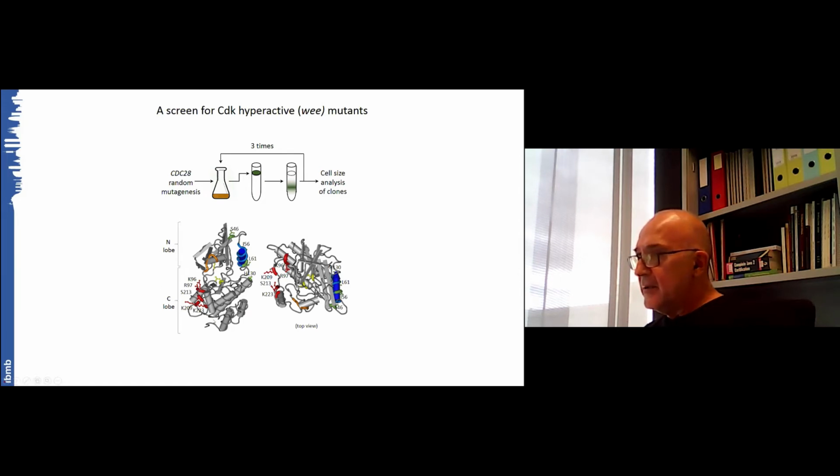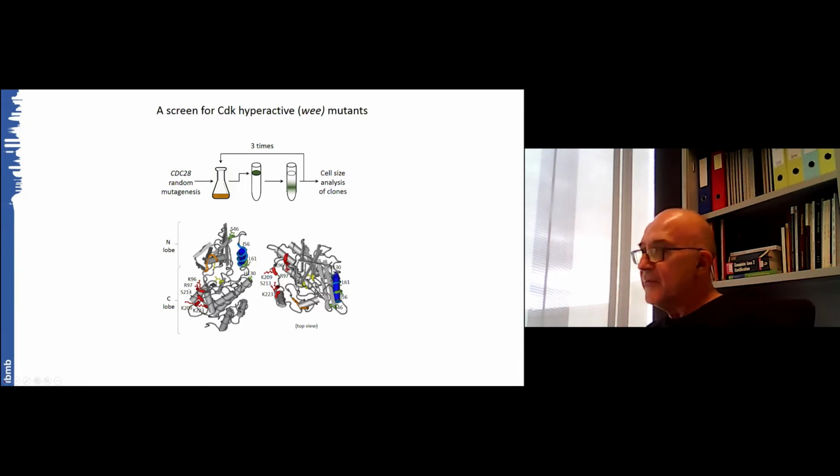But instead, we focused on another group of mutations that were clustered right in the other side of the CDK. So any function that we perform by this part of the CDK would be perfectly compatible with cyclin binding.